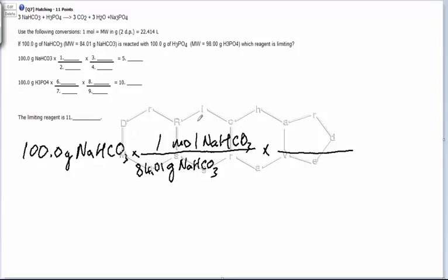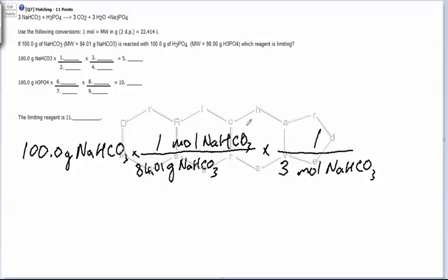In the next step, we want to take this number of moles and essentially divide it by the number of moles in the reaction equation. Now, dividing is the same as multiplying by 1 over whatever you're dividing by, which is 3 moles of NaHCO3. So this sometimes confuses folks because they see a 1 here and no unit.